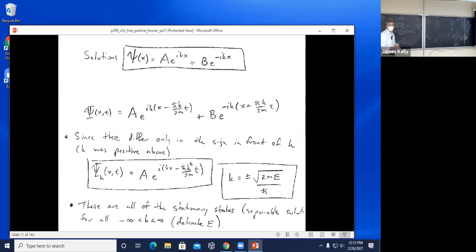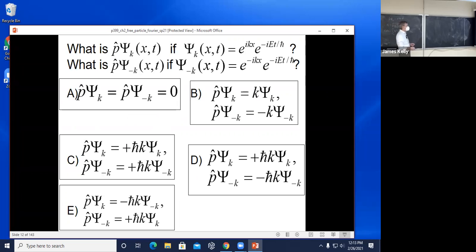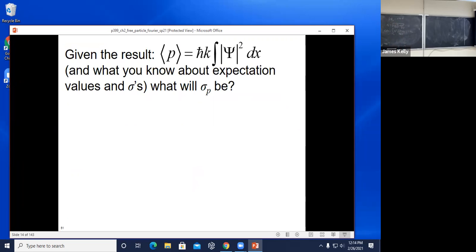So there's sort of a degeneracy there: for the definite energy state, there are 2 definite momentum states that have the same definite energy. I feel like I'm saying this over and over again, but it's easy to miss that. So not only are we finding definite energy states, but we're finding definite momentum states at the same time.